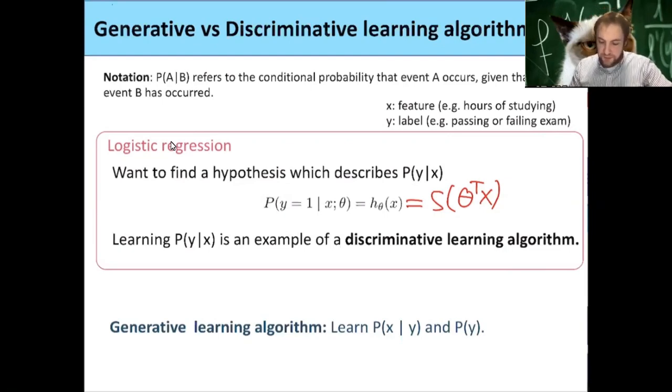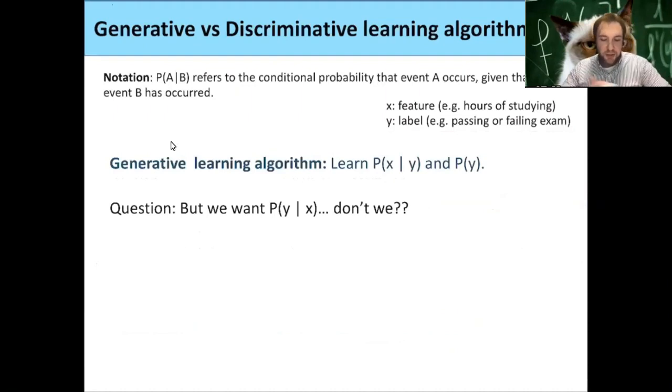I hope the difference between these probabilities is clear. But now you might ask, in this example with studying and failing and passing the exam, why would we want to learn this?